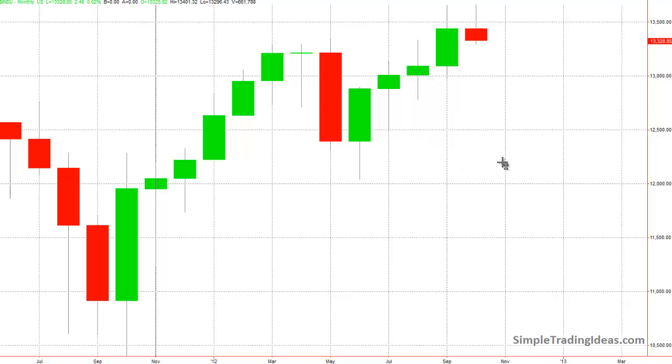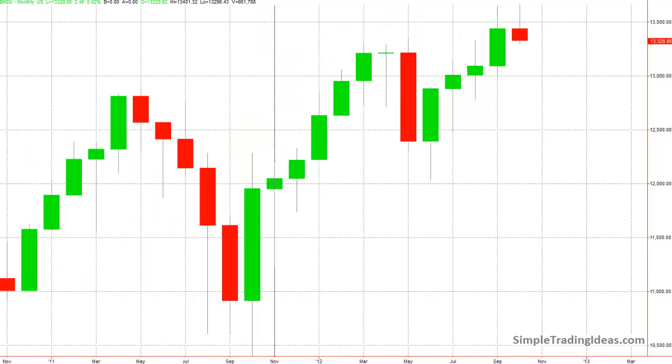Just to give you a little bit more information: you've probably heard different types of candlestick terminology too, and you may have heard of such things as spinning tops.